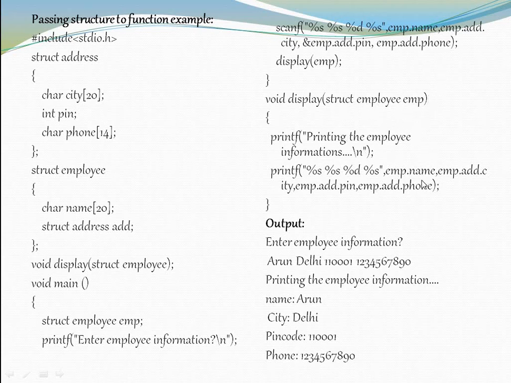Finally we are printing all the information: employee name, employee.address.city, employee.address.pin, employee.address.phone, all is printed, and the program ends. Finally our output is shown to the user, with the employee details entered and printed. So this is the concept of passing structure to function.